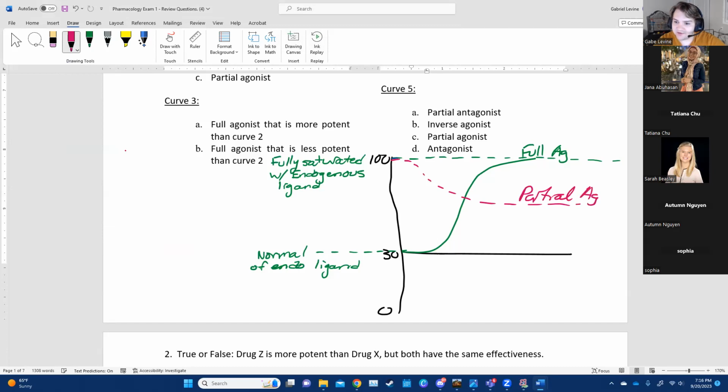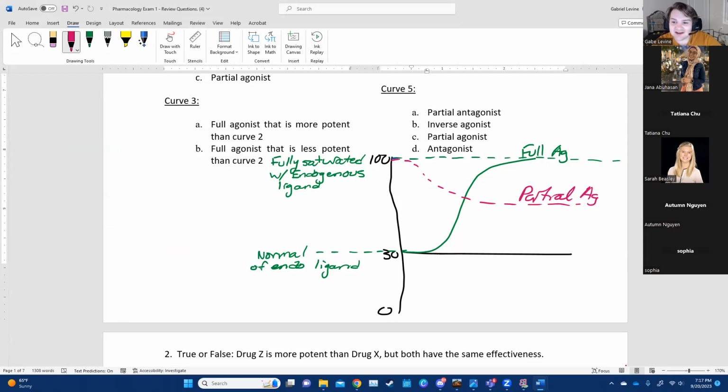A partial agonist will decrease the total response of the receptor to whatever the partial agonist's ability is, or sometimes a combination, depending on the concentrations of them. And it has to do with them competing for that active site, right?